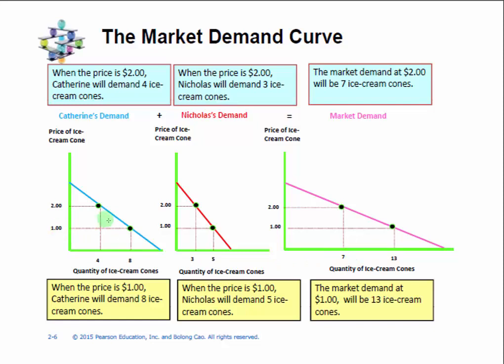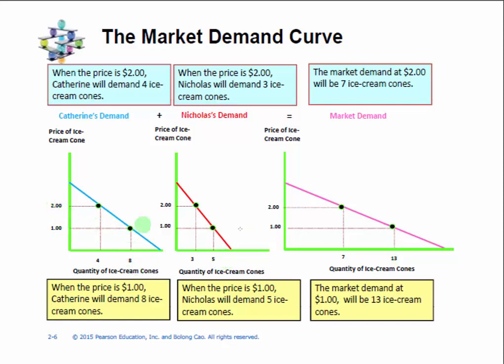At $1, Catherine demands 8 cones, and at a $1 price, Nicholas demands 5, and together they demand 13 in the market. So what we are doing is summing up the quantity demanded, 4 and 3 at each price, at this $2 to get 7 cones quantity demanded, and at $1 we sum up 8 and 5 to get 13.